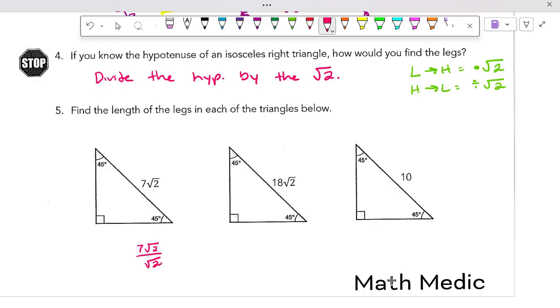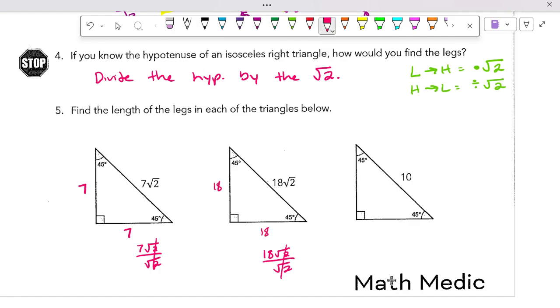Good. So what would you get for both legs? 7. These would cancel. You're left with 7 for both. All right, pick someone for the next one. Okay. Good.